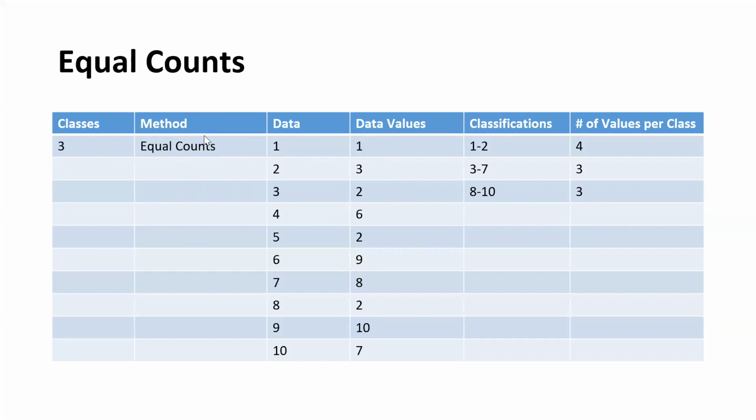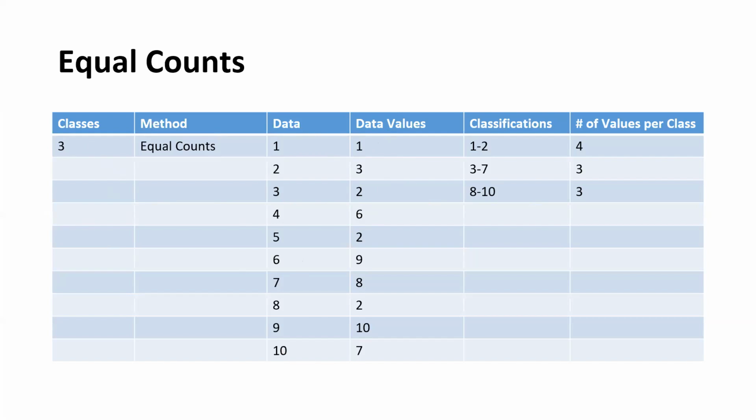For each of these classes, we are trying to accommodate a somewhat similar number of data values. Don't look at the data value figure, but the number. When we have 3 classes and 10 data items, we can't actually divide 10 into 3.